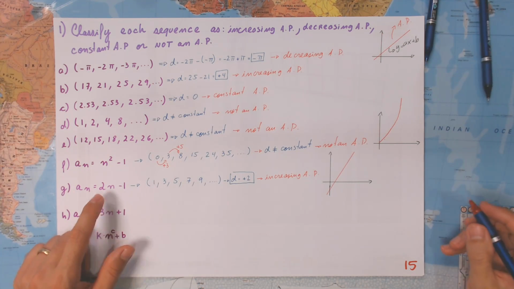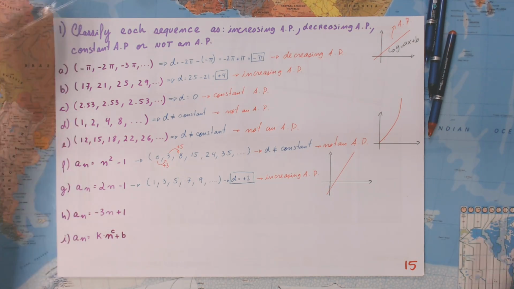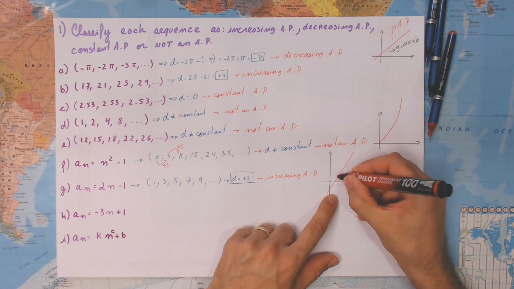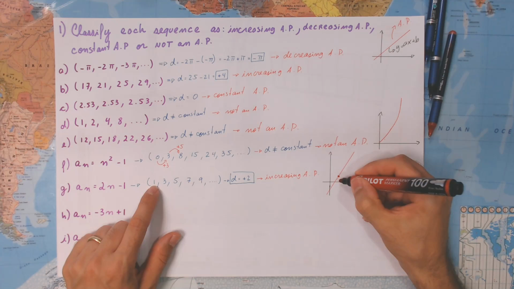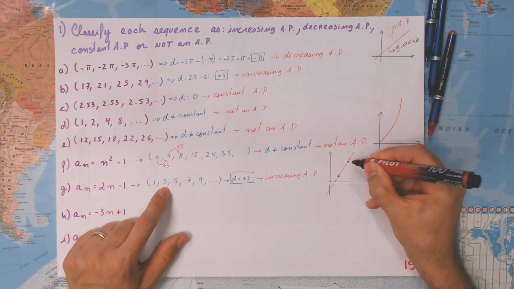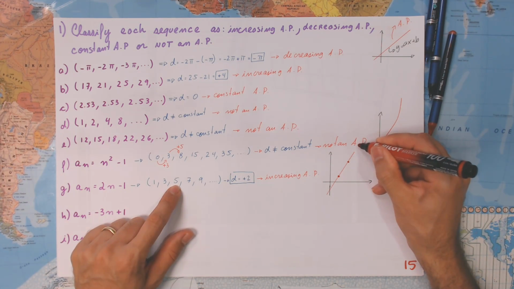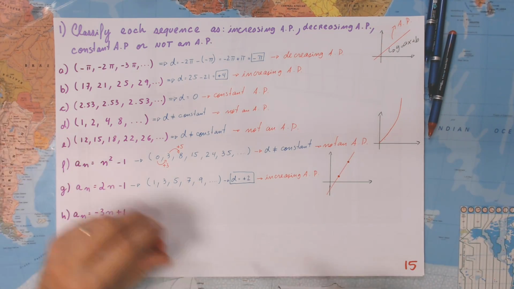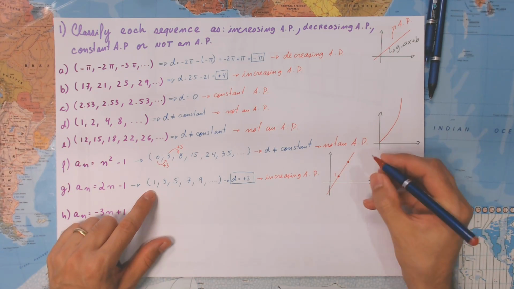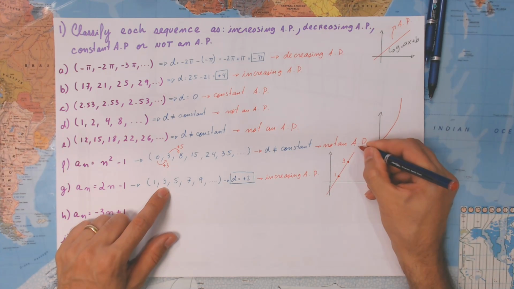Let's put it. The first term is 1. The second one is going to be 3. And the next one is going to be 5. So this is going to be 1, this is going to be 3, the 5 would be here, and so on.